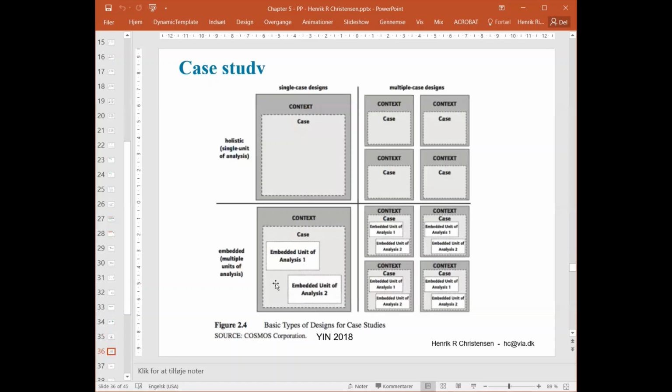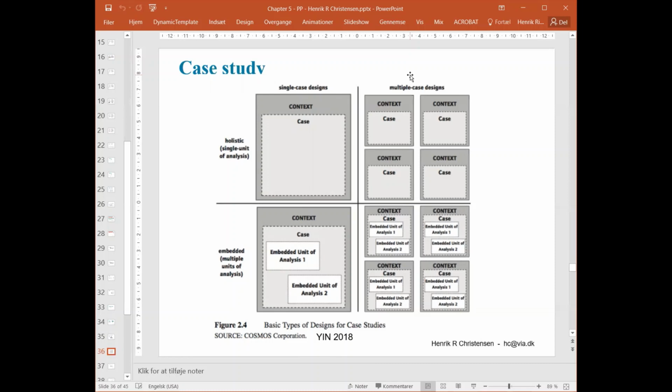Then we have a case study. And as you remember, I talked about a case study earlier on. And according to Yin, this is the guy here, Yin, 2018, his work here. He's talking about having these two approaches for looking into a case. We have a single case design and multiple case design.